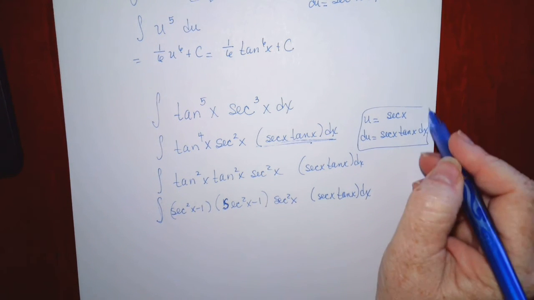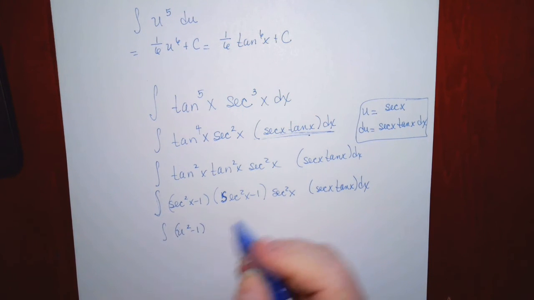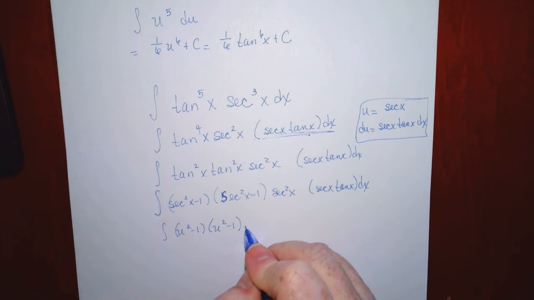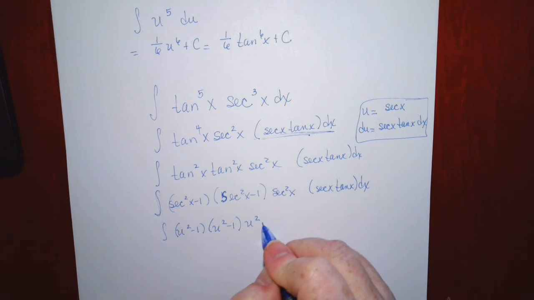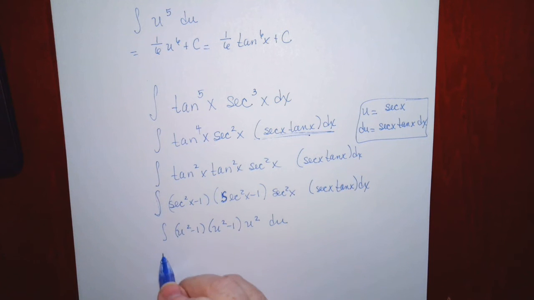So I'm going to do my u substitution that I was hoping for. This would be u squared minus 1 times u squared minus 1 times u squared du. Integrate that. To be able to do that, I'll have to multiply it out.